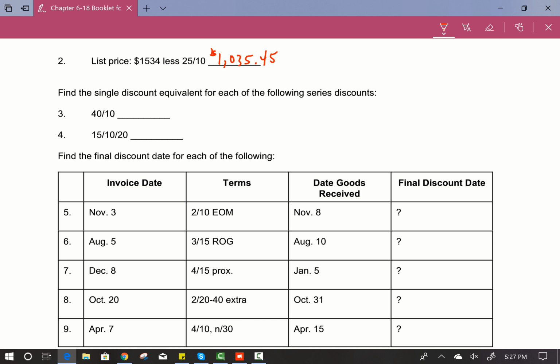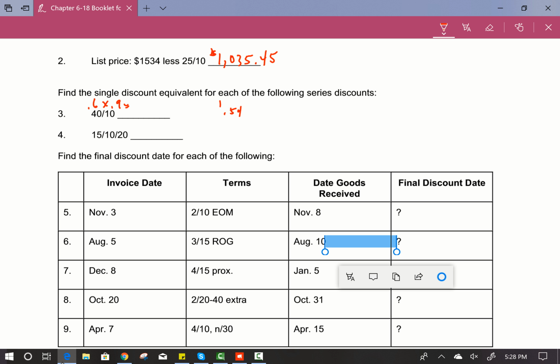Okay, now we're going to find the single discount amount. Remember, we're not going to add the numbers in the chain discount together because that's not a true depiction of the actual discount. So the complement of 40% is 60, or 0.6 after you move the decimal point 2 places to the left, times 0.9, and that's going to equal 0.54.